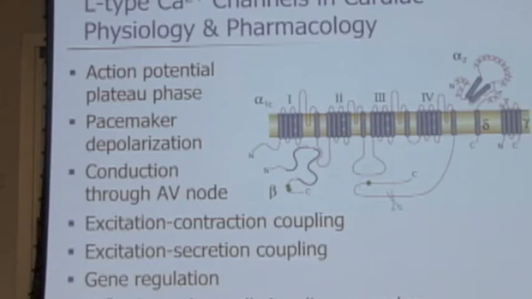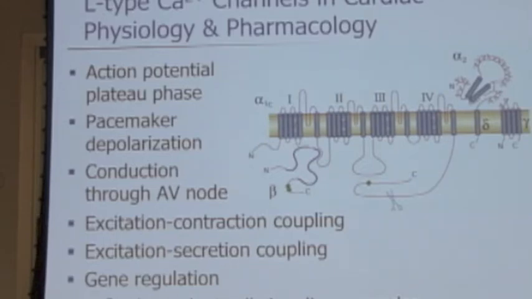As many of you appreciate, the influx of calcium through the L-type channel can trigger intracellular stores released through the ryanodine receptor and calcium-induced calcium release to stimulate myofilament contraction. In the atrial cells, excitation-secretion coupling, L-type calcium channels are implicated, as they are in gene regulation, a variety of calcium-dependent signaling cascades, and they're a well-known target for a class of drugs called calcium channel blockers.